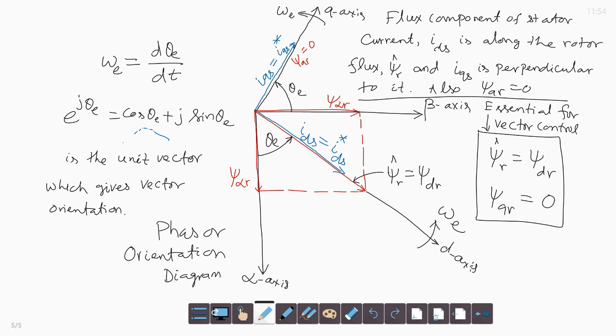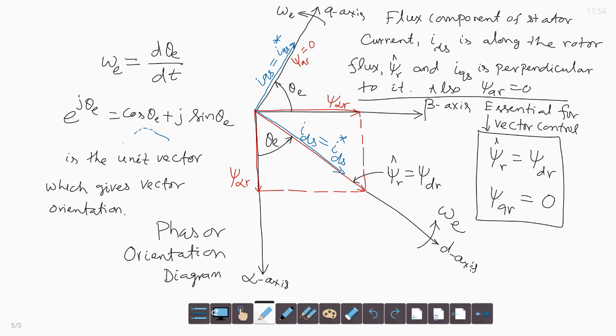Essentially it relates all the terms, like the stationary reference frame components of the rotor flux psi alpha r and psi beta r, to the synchronous reference frame components psi d r and psi q r, and the relation between the torque component and the flux component of the current. This phasor orientation is essential to obtain the vector control.